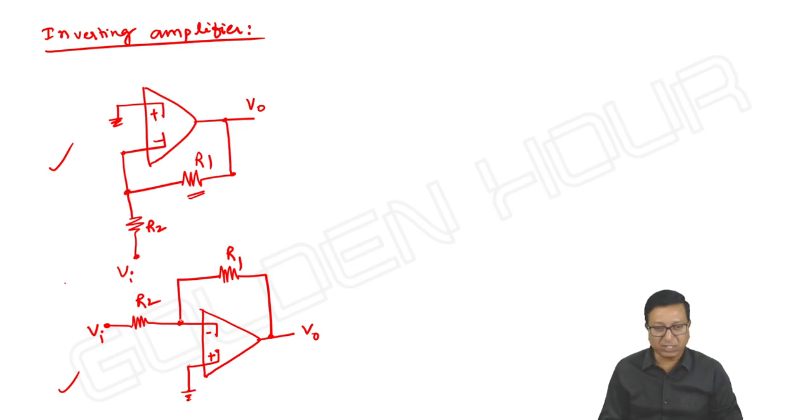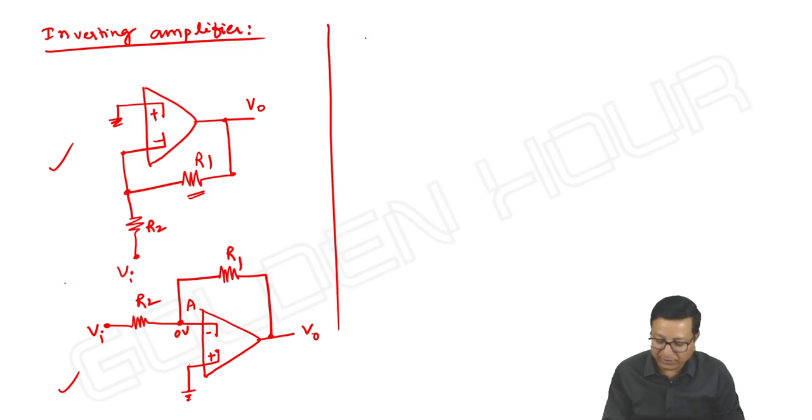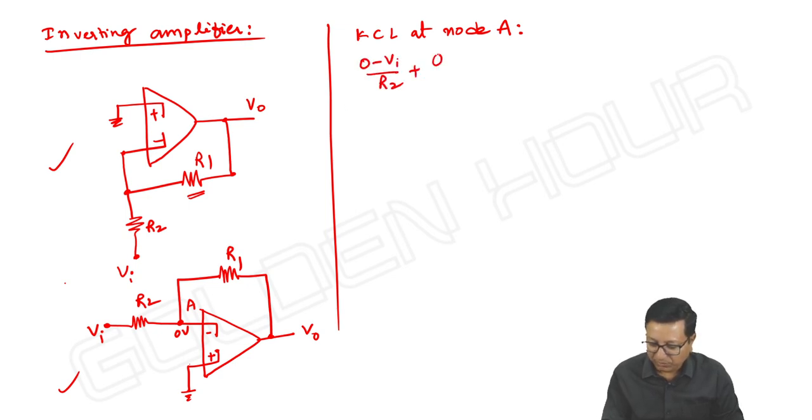Next, how to find V output? Due to virtual short or virtual ground, which is a special case of virtual short, here it is 0 volts. Next, let me take it as node A, KCL at the inverting input terminal. KCL at node A. Okay, so 0 minus Vi by R2 plus 0 minus V output by R1 is equal to 0.